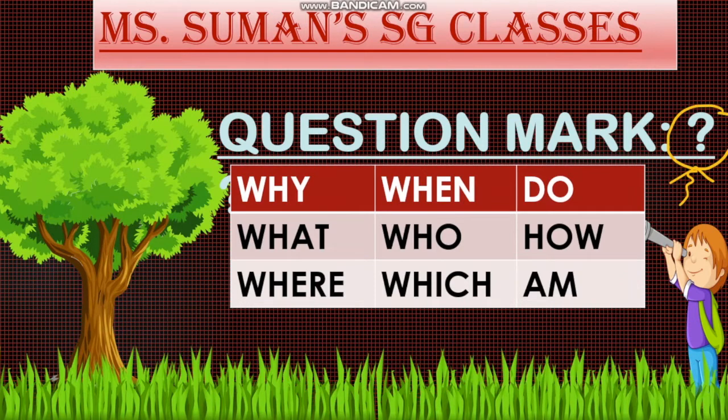Let's take a look at these words. Why? Why am I sitting here? Why are you dancing? The next one is what? What is your name? Where? Where are you going, Daddy? When? When is my school bus coming?